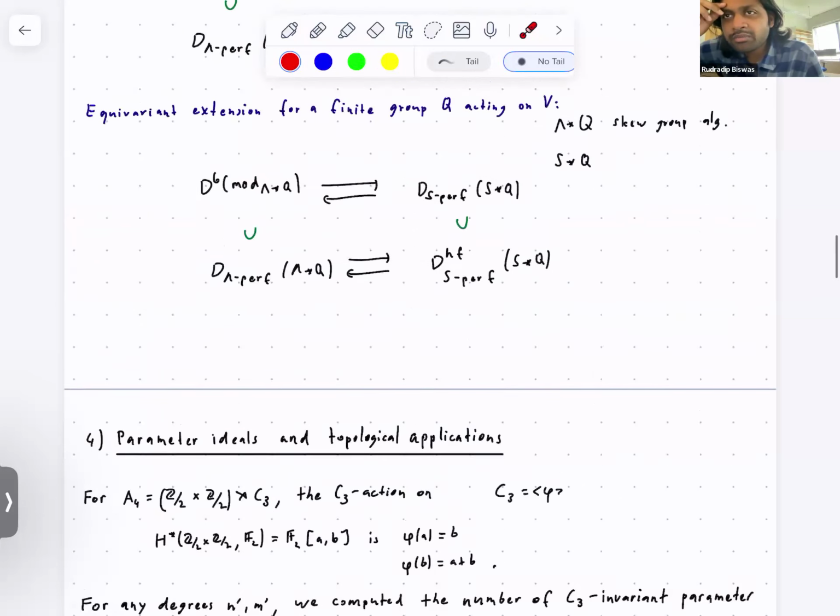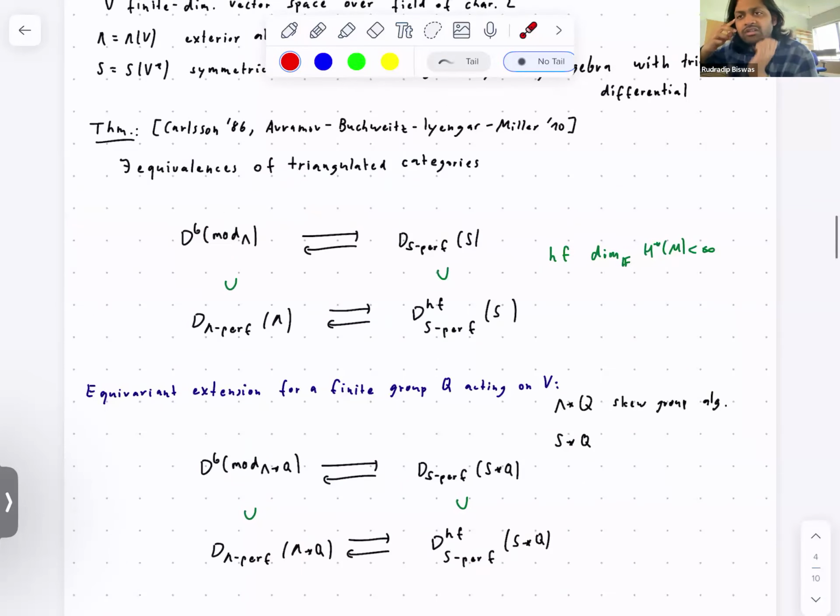Mark, I had a question. Can you just go up to these equivalences? So the equivalence between, like, the first horizontal one, is that equivalence an if and only if with the lower equivalence? So it is true that the upper one restricts to the lower one.